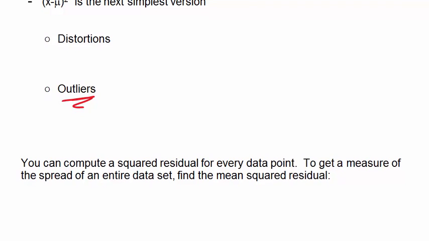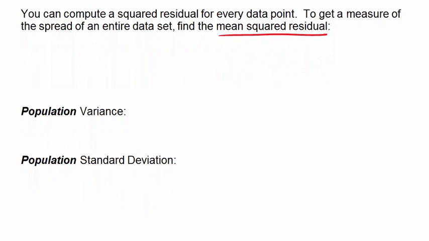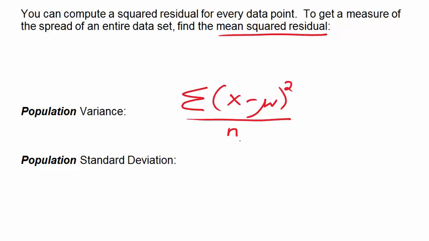All right, but this actually isn't that difficult. If we wanted to, I could very easily compute the square of all my residuals, and then in some ways, a measure of spread is nothing more than sort of like a mean of all those squared residuals. And that introduces us to two different ways of measuring spread. One is I could compute what's called a population variance, and all that is to say, take each data point, subtract the population mean, assuming you knew that, square them, so there's our squared residuals, and add all those up and divide by the number of data points.